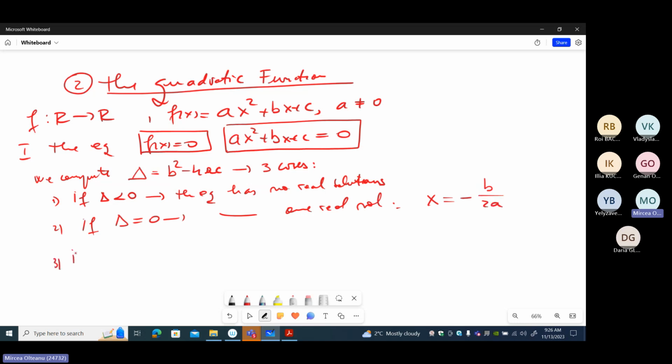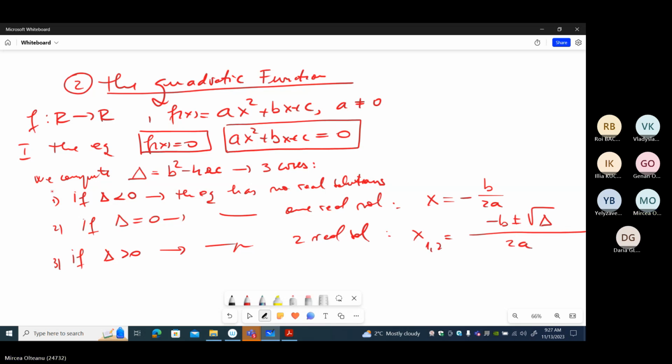And finally, if our discriminant is positive, then the equation has two real solutions, given by the very well-known formula: minus b plus minus square root of delta over 2a.